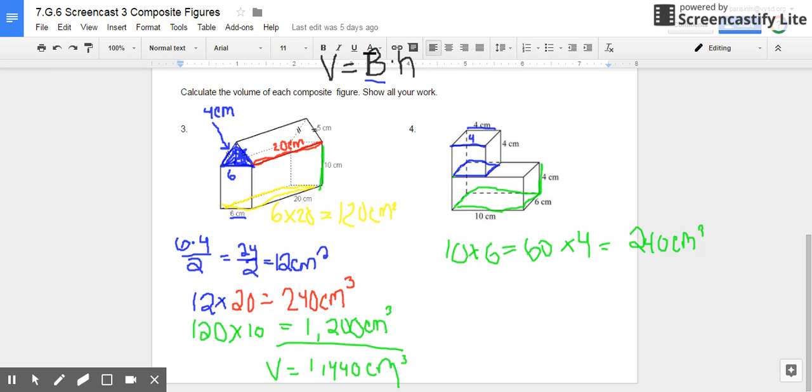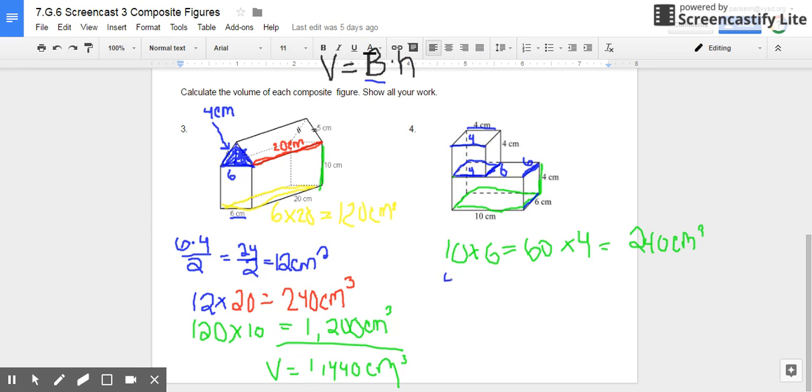Well, if this is 4 centimeters here, I know this bottom is also 4. Now next we have to find this side. So again, looking across from it, well, this measurement is still missing, so I'm going to look down here. Well, if that's 6 centimeters, this would be 6 centimeters, which means that across from it will also be 6 centimeters. So now my base is 4 by 6.